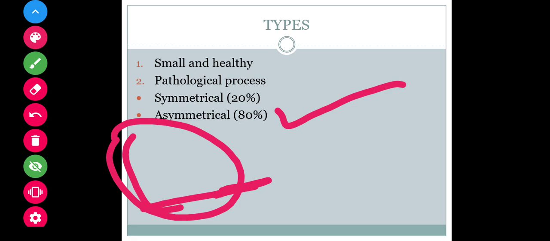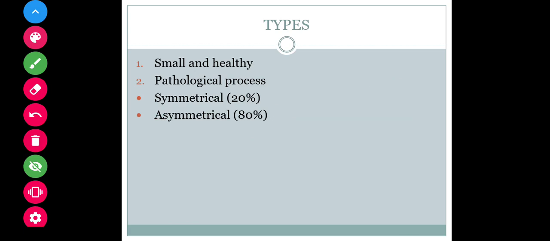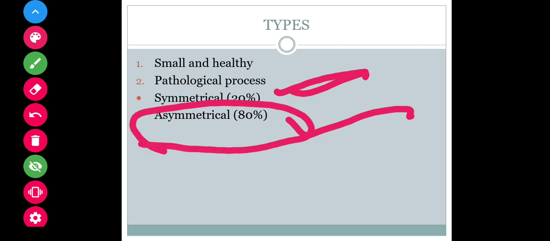When there is a restriction of oxygen and nutrients, the baby will not grow, so there will be IUGR. So why symmetrical and asymmetrical? Symmetrical is due to the cell number being less, chromosomal abnormality. Asymmetrical is when there is decreased uteroplacental blood to the baby. Most cases are asymmetrical.